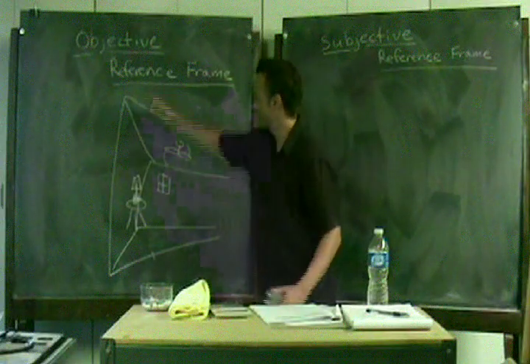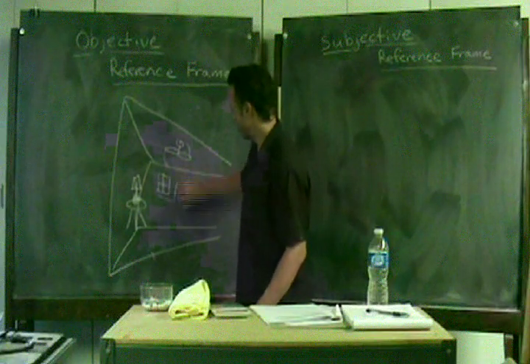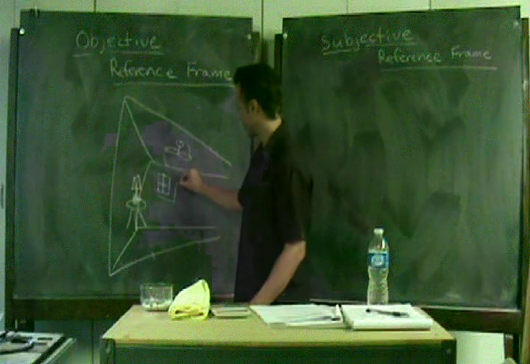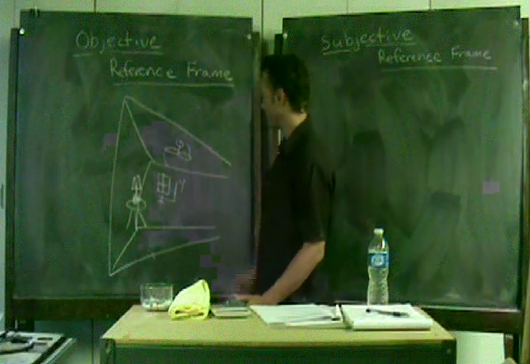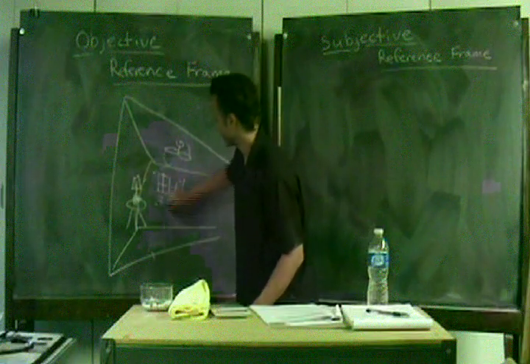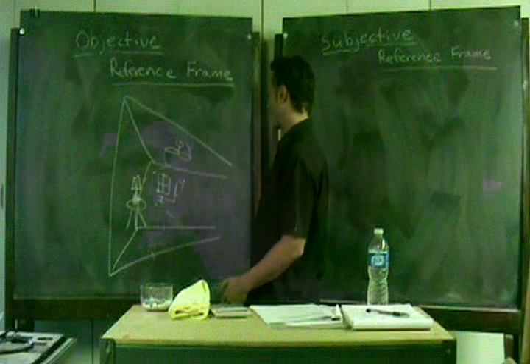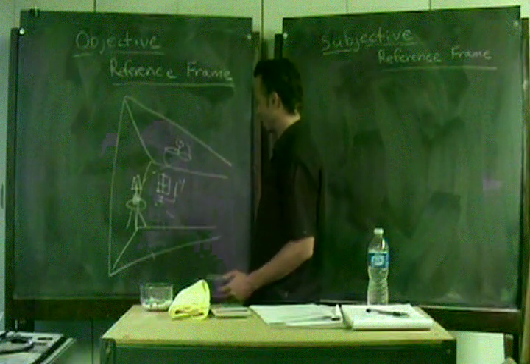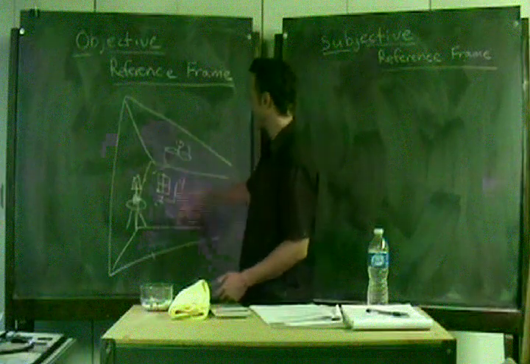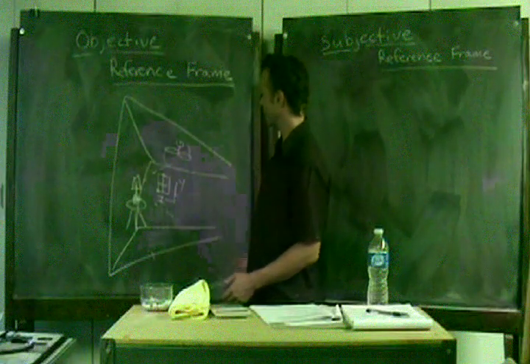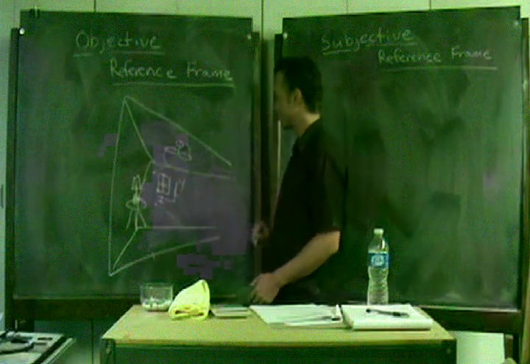I'm objectively observing, and I can come in here and I can measure the window. I can find out all kinds of things about the window. We got light coming off the lamp. I've got light coming in the window. I could do some experiments and measure the frequencies of the light. I've got fan turbulence, so I can get all kinds of measurements here. This is my objective frame of reference.